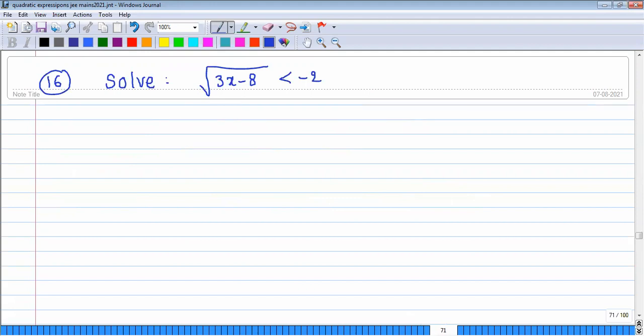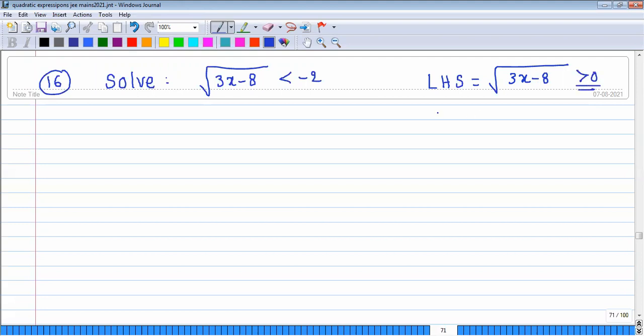This is a very logical question. Without paper and pen, you can say by observation. Just observe the right hand side. The left hand side is the positive square root of 3x minus 8, which is always positive.